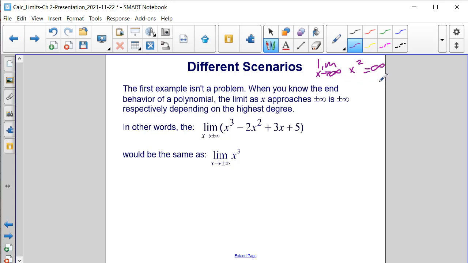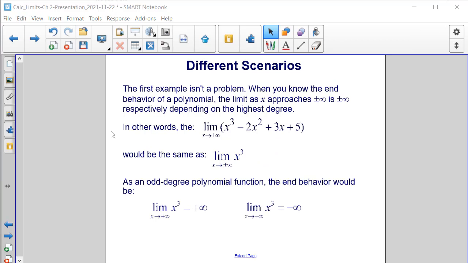When you know the end behavior of a polynomial, the limit as x approaches positive or negative infinity is positive or negative infinity, respectively, depending on the highest degree of the polynomial. In other words, the limit of the polynomial x cubed minus 2x squared plus 3x plus 5 as x approaches positive or negative infinity would be the same as the limit of x cubed as x approaches positive or negative infinity.